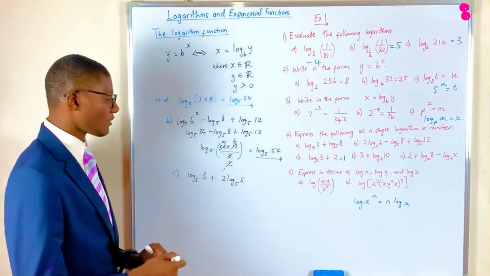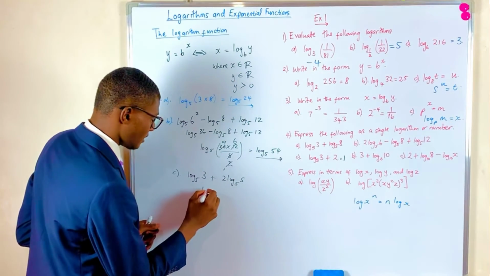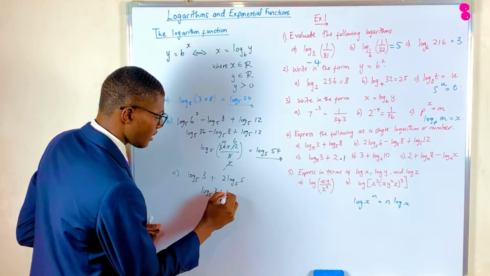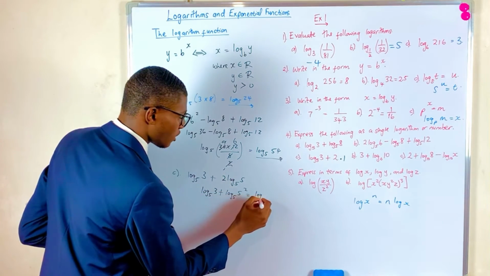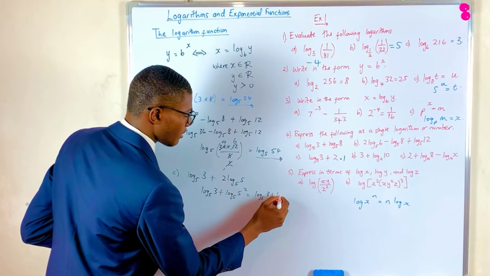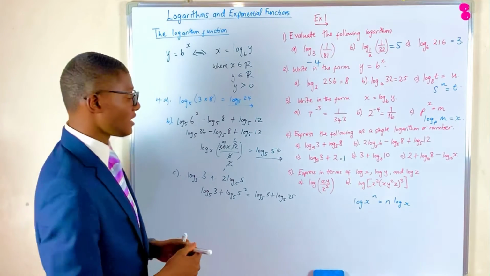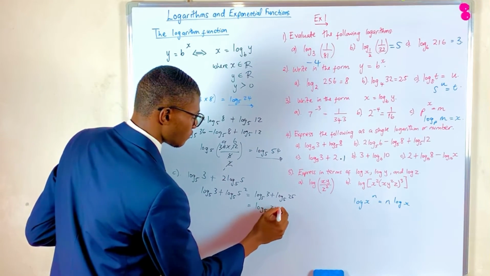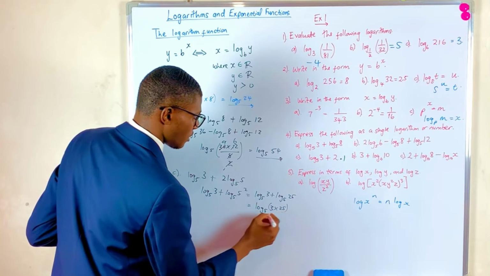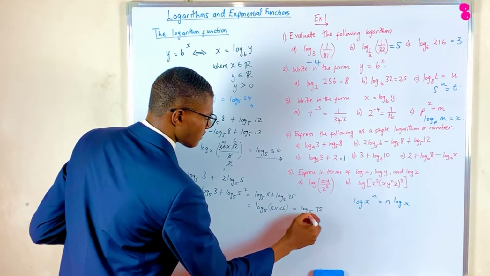So this is how we're going to apply that. We're going to raise this 2 such that it's log to base 5 of 3 plus log to base 5 of 5 squared, which will be log to base 5 of 3 plus log to base 5 of 25. And if this is addition, then it means we're multiplying: log to base 5 of 3 times 25, which will be equal to log to base 5 of 75.